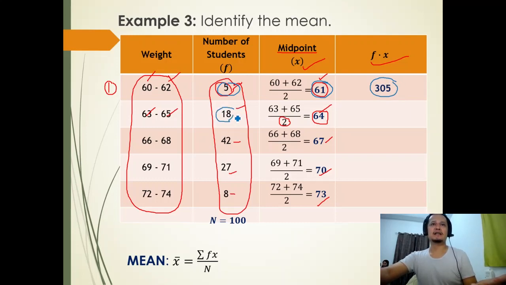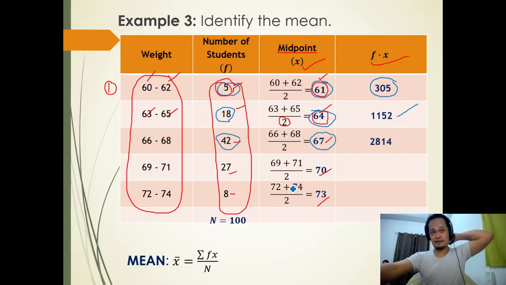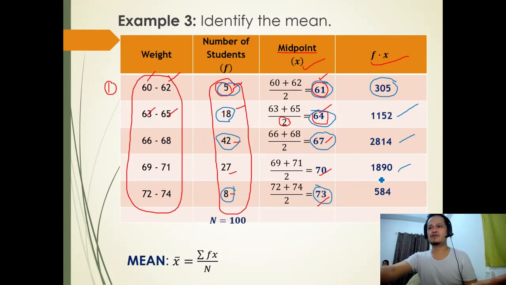Next will be 18 times 64, that is 1,152. 42 times 67, that gives you 2,814. 27 times 70 gives you 1,890, and 8 times 73 gives you 584. So this is now your fx.